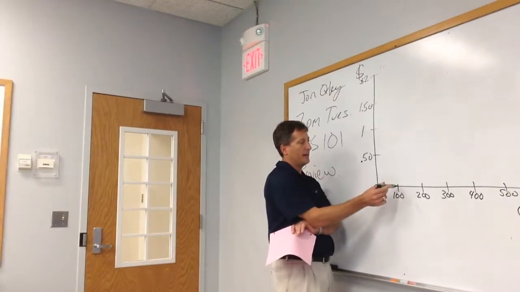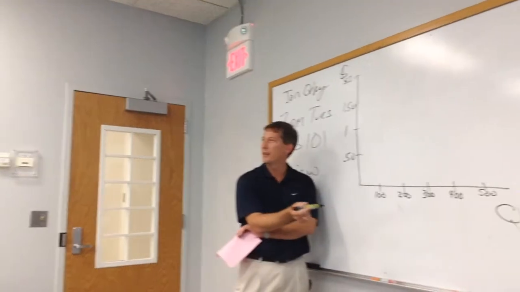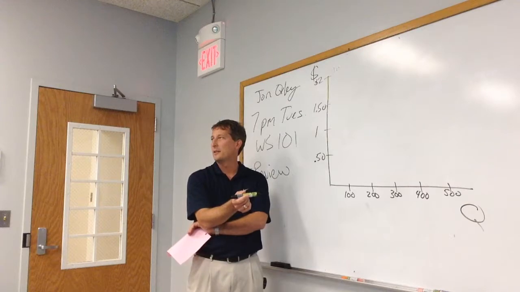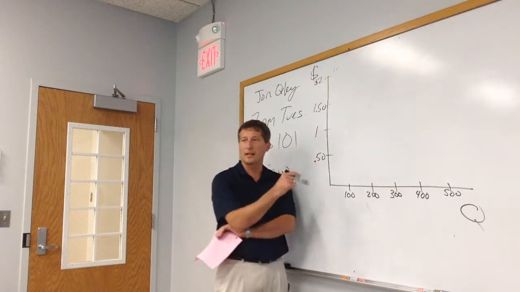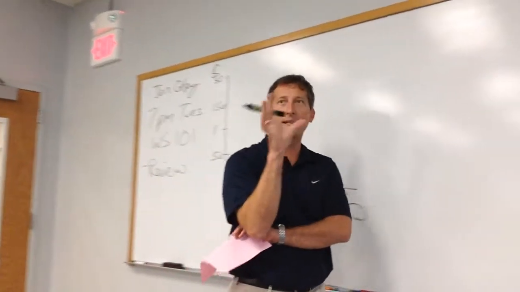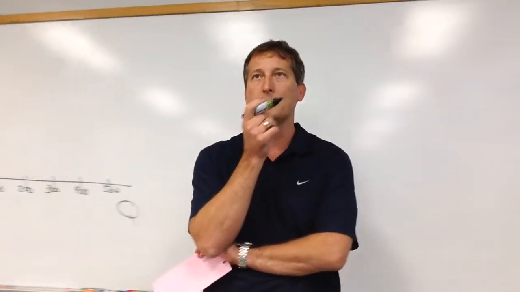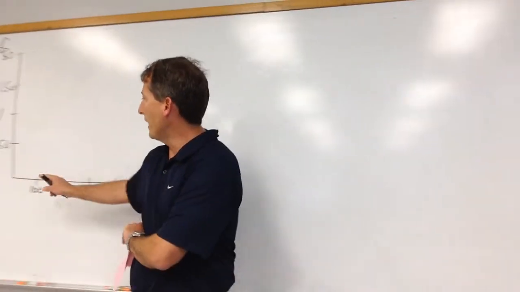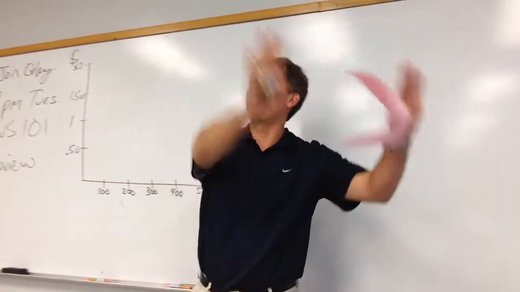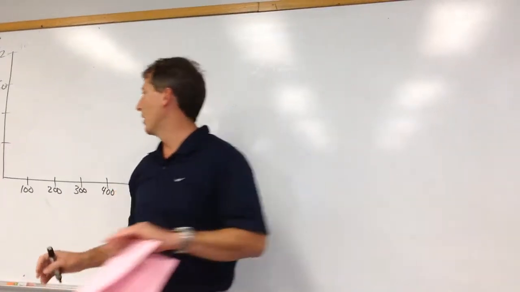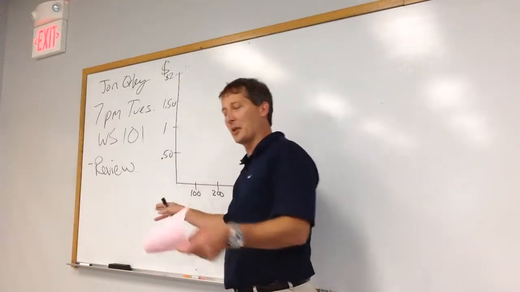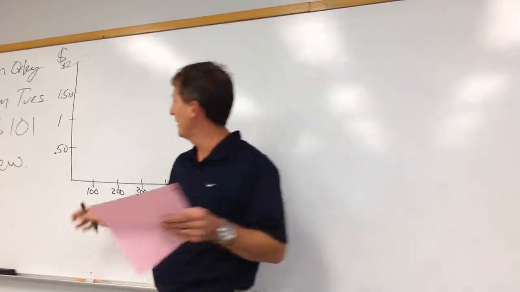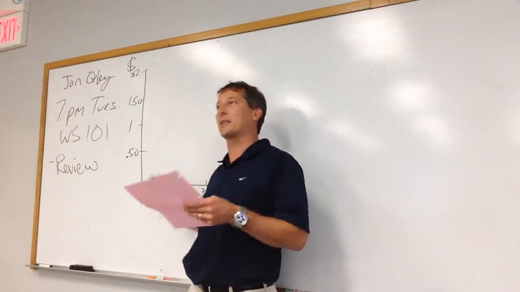Do we put it on the 100? Kind of in between. I wanted to call that to your attention, because you might see that in some of your homework problems where the quantities jump a lot of hamburgers. So what's the cost of the first hamburger? Well, we're saying it's about $1. The second is $1, the third is $1, the fourth is $1.